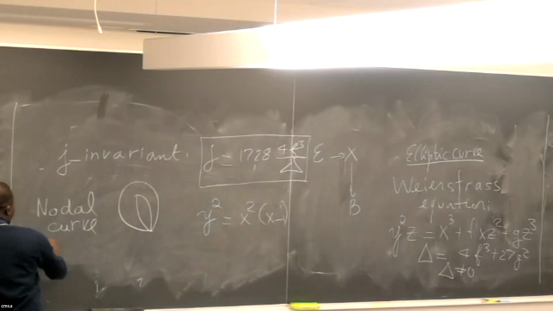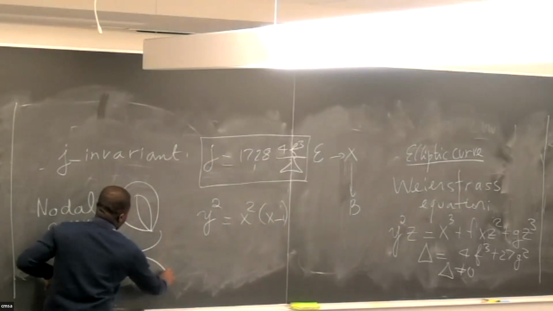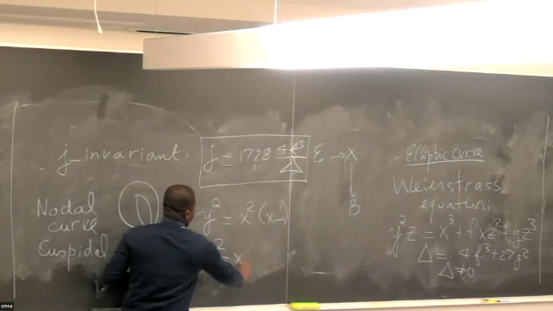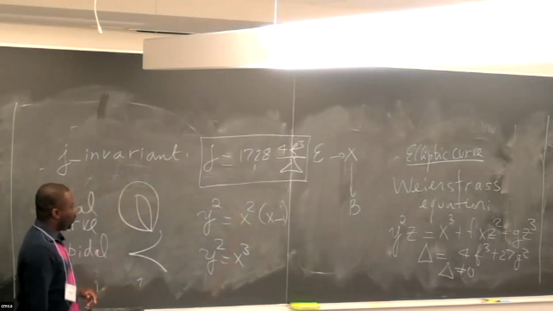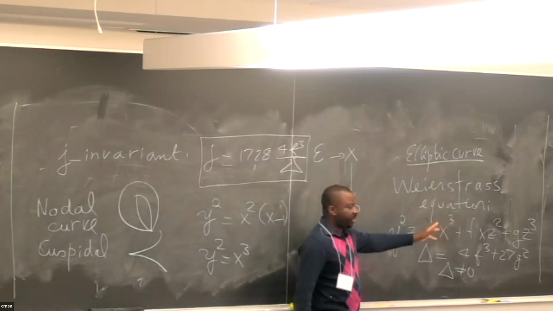There are also cuspidal curves that are much more singular. Think of a picture like this one of a cuspidal curve, and in particular, they have F and G equal to 0, they're much more singular.